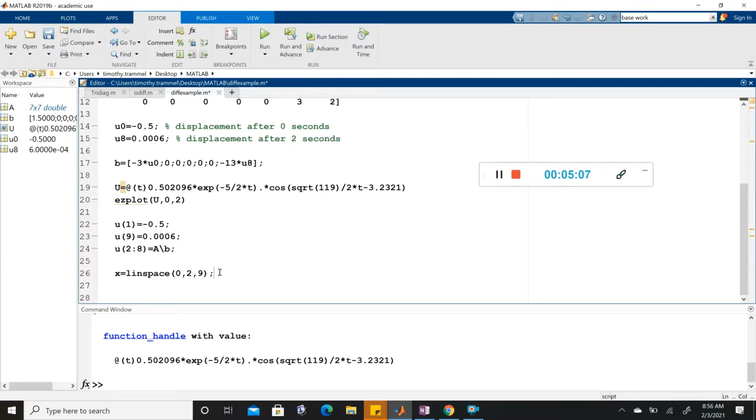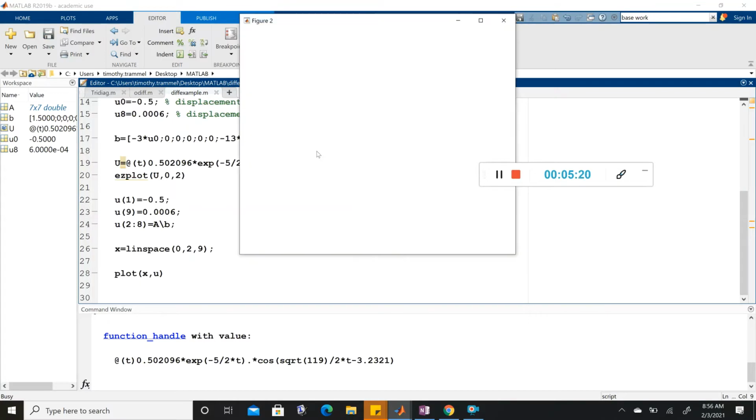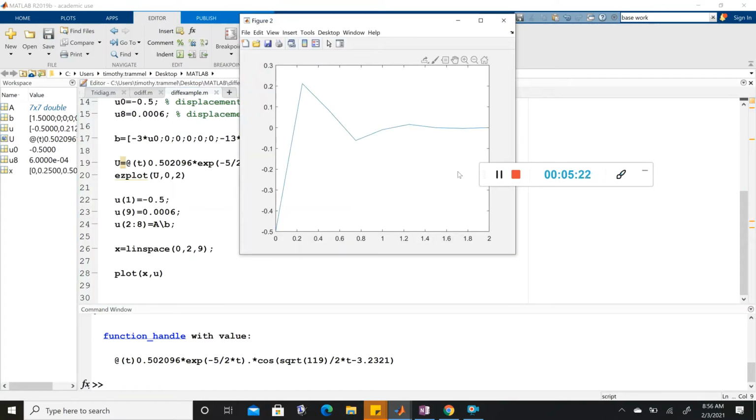And then the last thing we need to do is just plot. So plot x comma u. And one thing I'd like to note is that this actually does look kind of similar to what we had before.